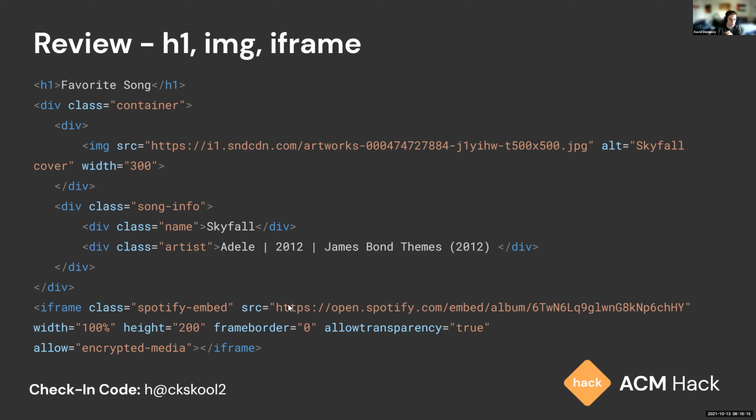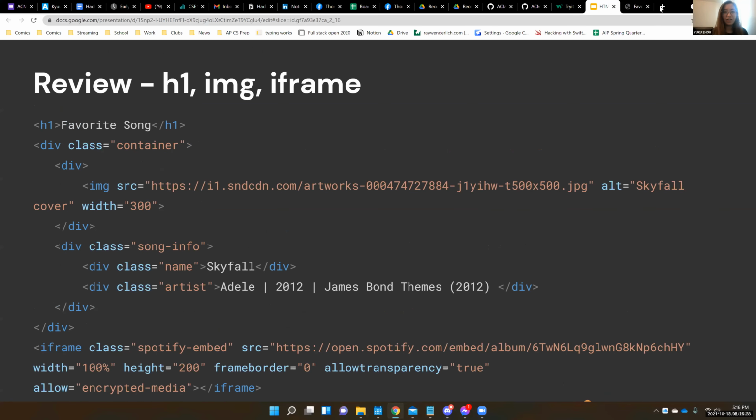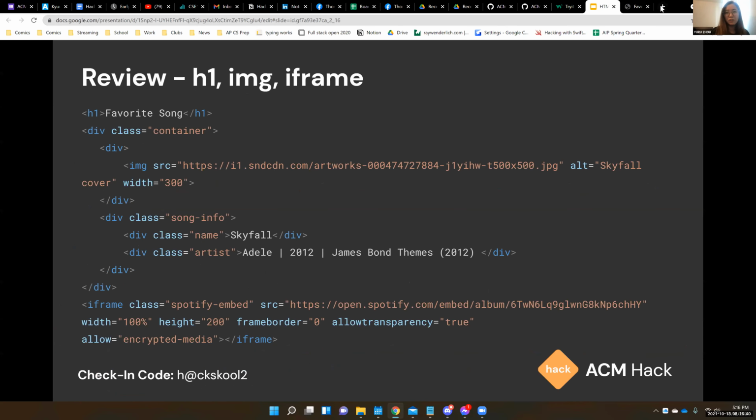Not going to go into the specifics of iframe, but what this little snippet of code does is it embeds a Spotify player. Maybe you want to talk about that a little bit. So the iframe is basically a browser, what it does is it embeds an HTML page into an HTML page.